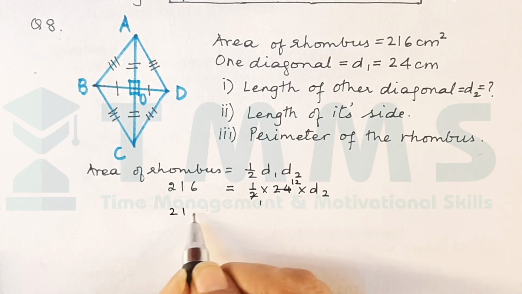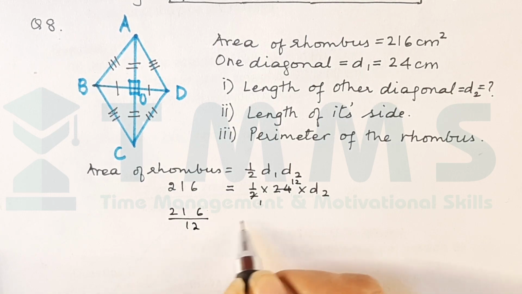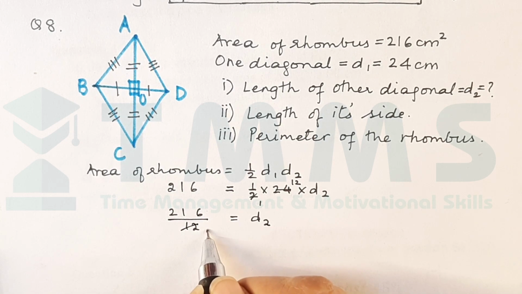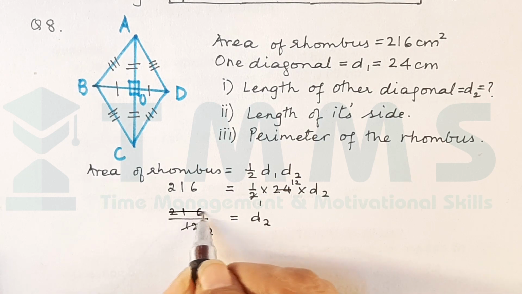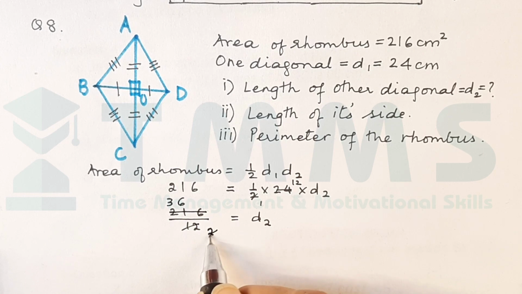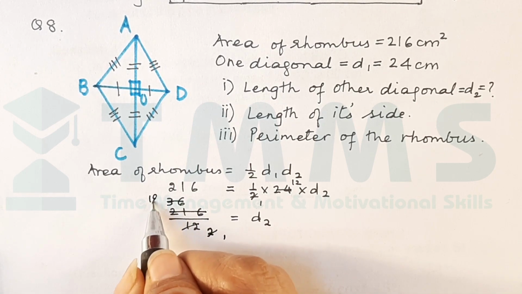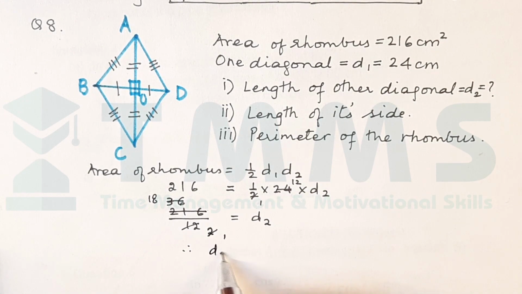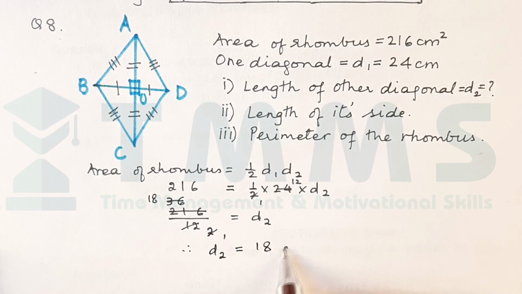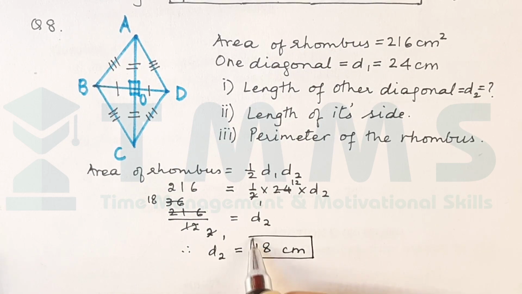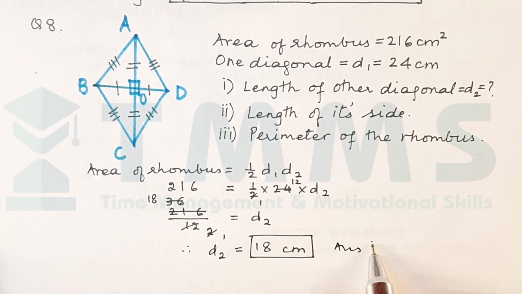So you will have 216 upon 12 is equal to D2, and therefore 6 goes twice, 6 3s are 18 and 6 6s are 36, and 2 ones are 2 and 2 goes 18 times, and therefore we will have D2, that is the other diagonal, is 18 centimeter. And that becomes our answer 1.